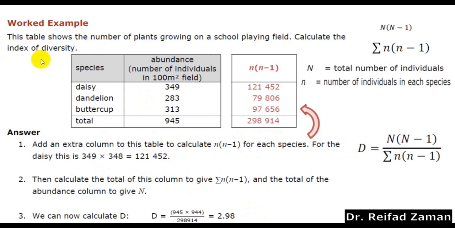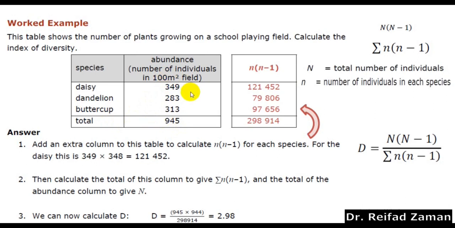Let's take this situation as an example. Here in a particular playing field, they have 349 daisies, 283 dandelions, and 313 buttercups. In total, the number of flowers in this playing field is 945.